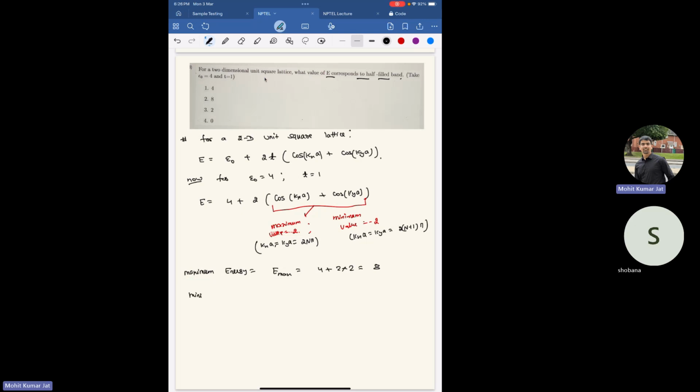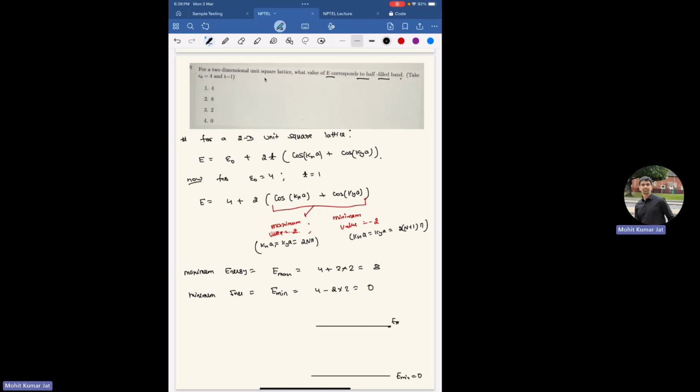Minimum energy Emin is 4 minus 2 times 2, which is 0. So Emin equals 0 and Emax equals 8.